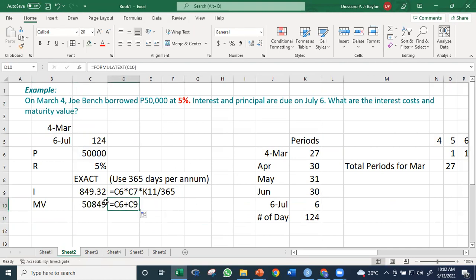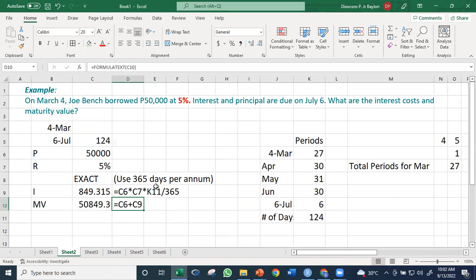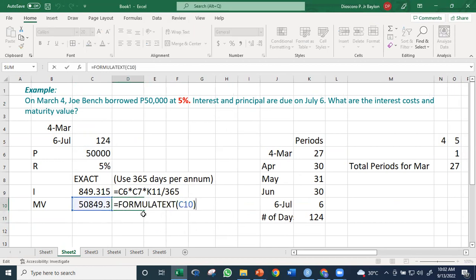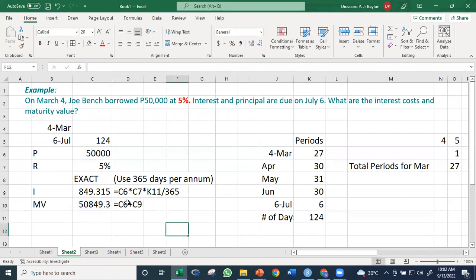Okay, so I'm putting here the formula so that you can see. By the way, the function there is formula text, so that you can see the formula beside, if you want to see where we are getting these values.